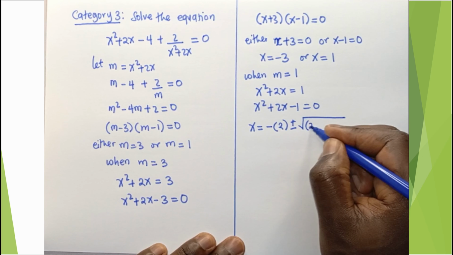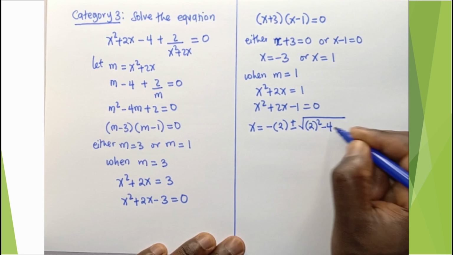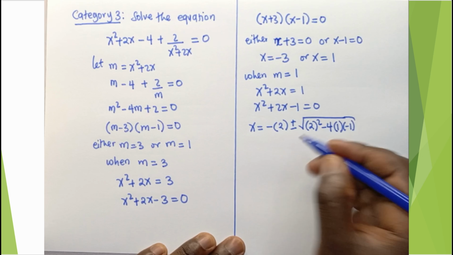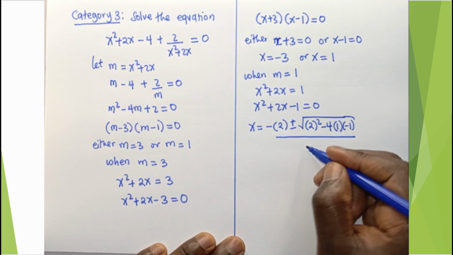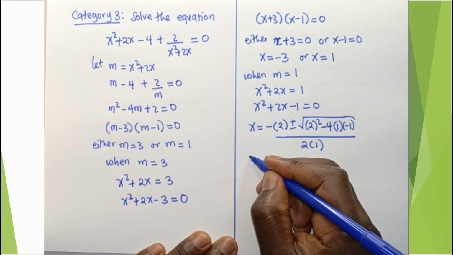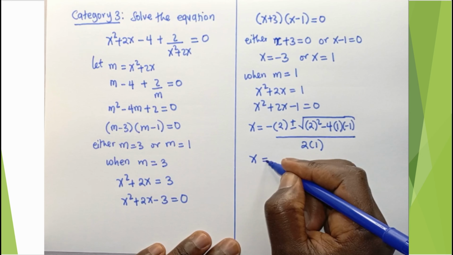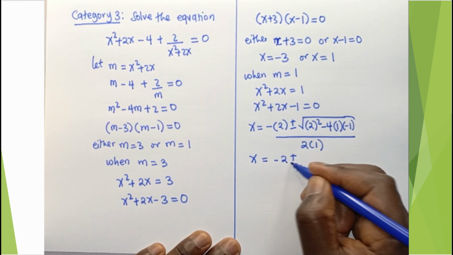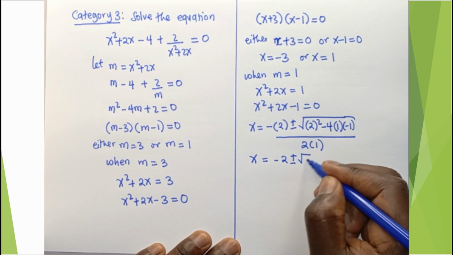We have 2 squared minus 4 into 1 into negative 1, over 2 into 1. So you identified a, b, and c.